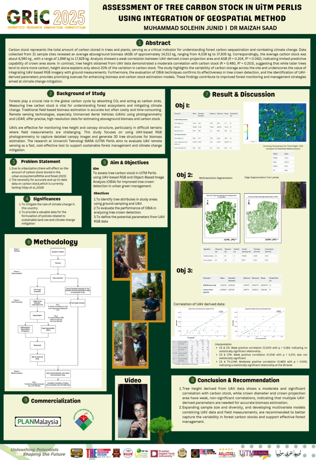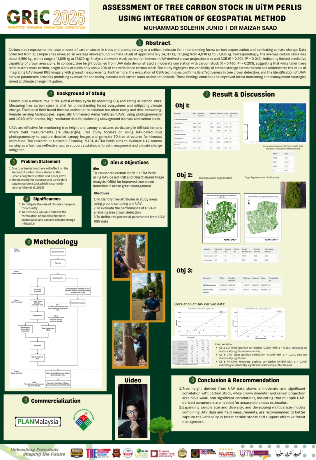Next we go for the last objective result, which is first we need to calculate the AGB and then the carbon stock, to achieve objective 3, which is we want to see the potential of RGB UAV data in carbon stock estimation.